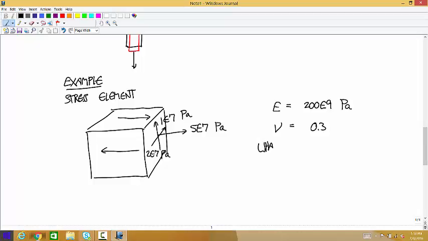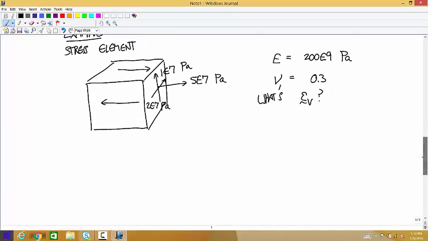Say we want to know what the strain is for this material. Well, the Voigt strain then is just equal to the compliance matrix using these two values times the Voigt form of this stress.